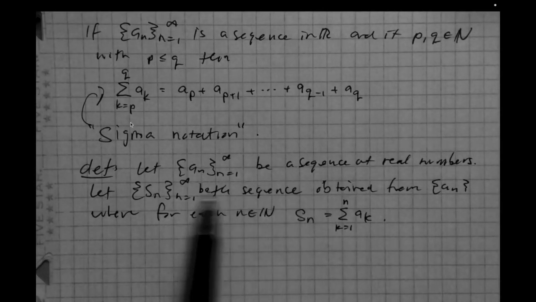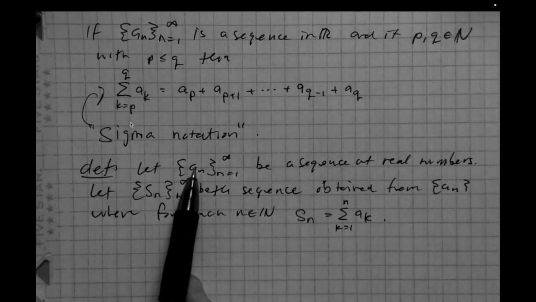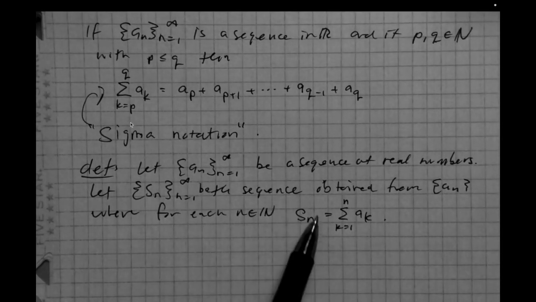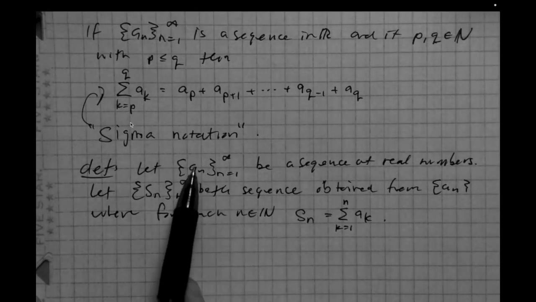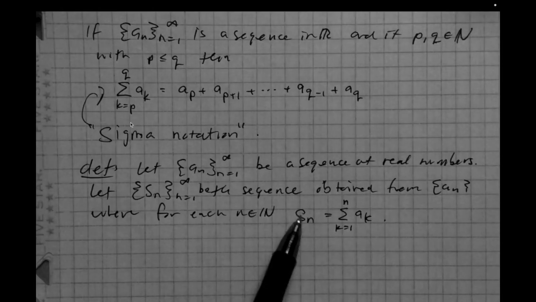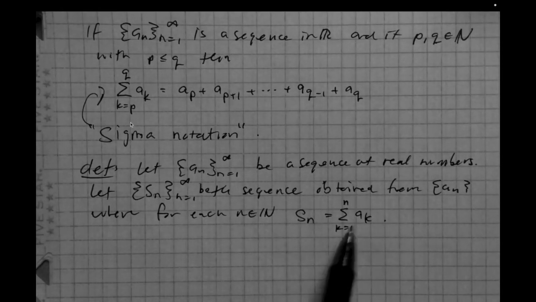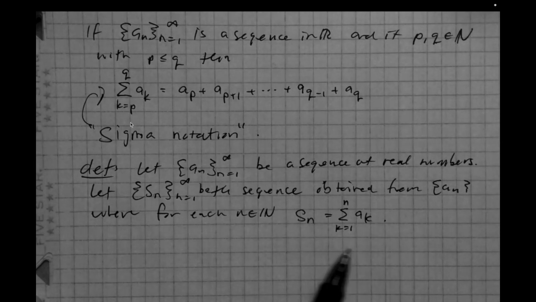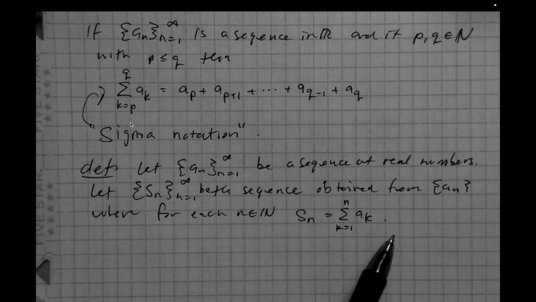All right, so we've got a sequence a sub n of real numbers, and we've got this other sequence s sub n that's derived from the sum of the terms of the a sub n sequence. In particular, s sub n is a1 plus a2 plus dot dot dot plus a sub n. s sub n plus 1 would be a1 plus a2 plus dot dot dot plus a sub n plus a sub n plus 1.